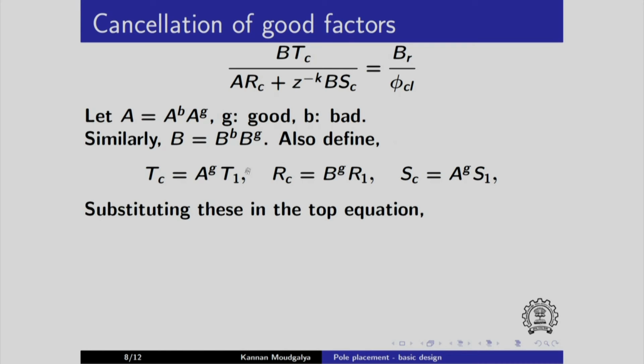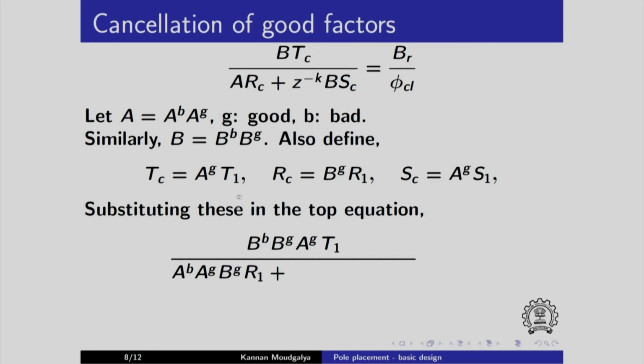Let us substitute these expressions in the top equation for controller as well as the plant. So for B we substituted bad and good, similarly for TC, for ARC term, then BSC term. Of course nothing happens in the right hand side.